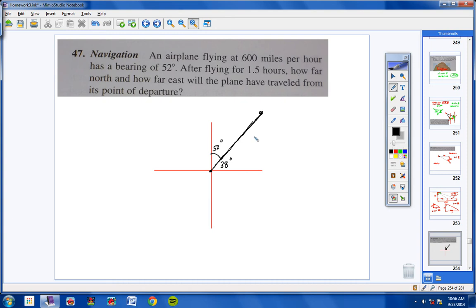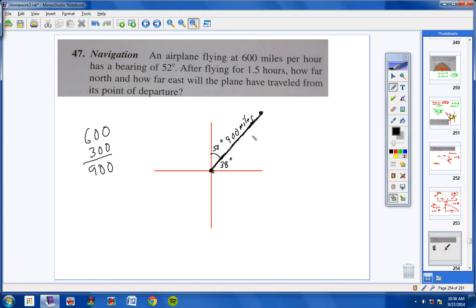Now, the airplane is traveling at 600 miles an hour, and he's doing this for an hour and a half. So his first hour he's going to travel 600 miles, and then for half an hour he'll travel 300 miles. So his total distance he'll travel would be 900 miles. Okay, so this distance is 900 miles from here up to here.